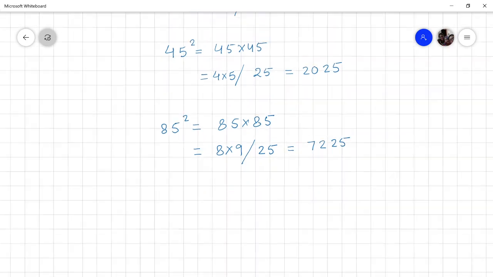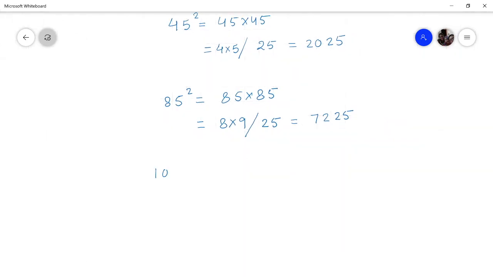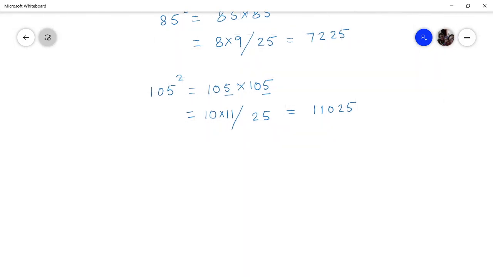Let us say you want to square 105. So this is 105 into 105. 5 into 5 is 25, and then you have 10 here. So 10 into 1 more than 10, that is 11. So that will be 11025.